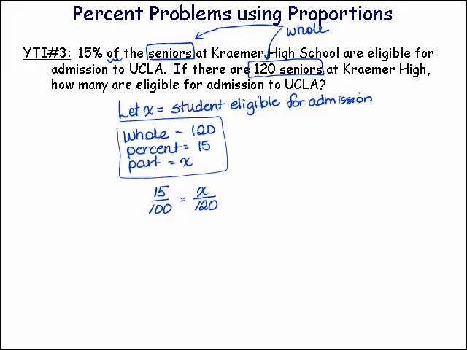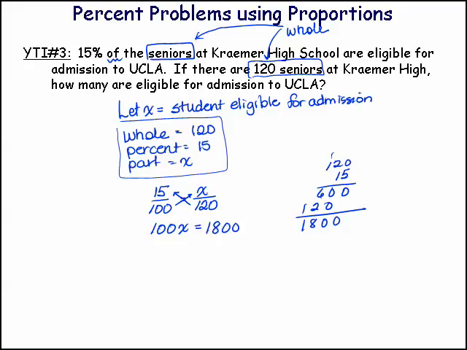Now going in, cross multiplying. So what we have here is 100x is equal to, what's 15 times 120? Well, if you don't know it right off the top of your head, then we've got this. Add it together, 1800.